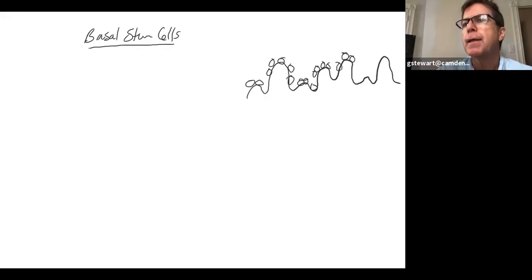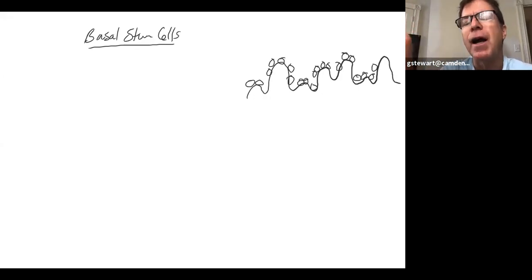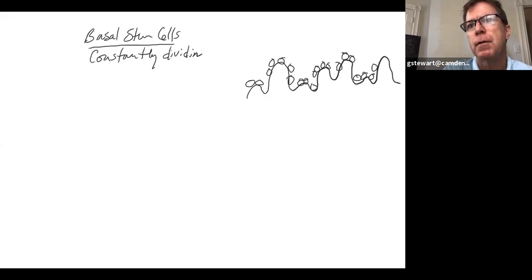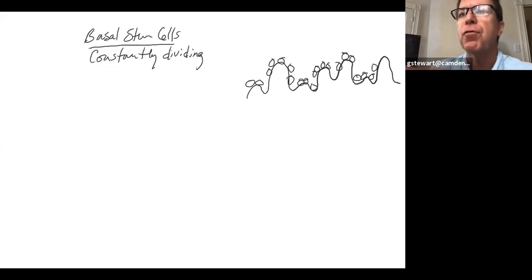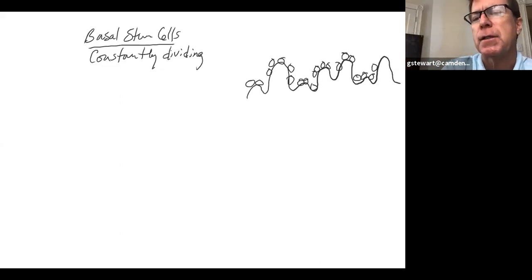And we're going to just pay attention to those white cells right now. What they do is because they're stem cells, they are continuously mitotic. That means they're constantly dividing, making new cells. So the cells are constantly dividing by mitosis, which is just a form of cellular division. And so they give rise to new keratinocytes.